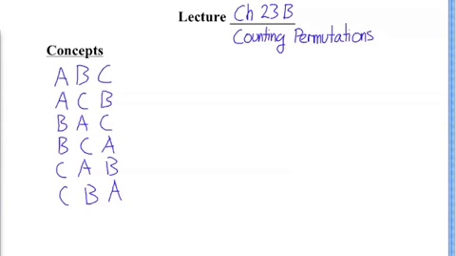As you can imagine, if I give you 4 letters like L, M, N, and O, it's going to get slightly more complicated rather quickly.